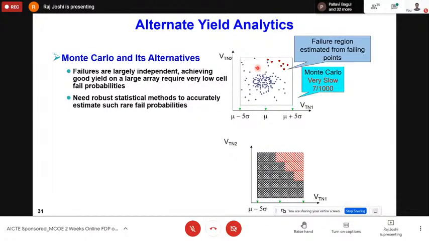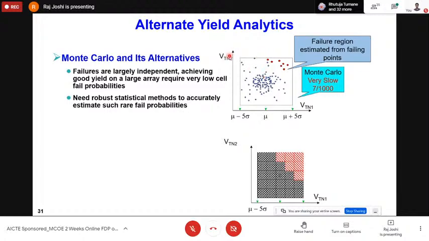So one of the techniques is this predictive analytics technique that we developed. It is very important. It could also be a machine learning technique. And as we all know, the Monte Carlo technique is used very heavily in analyzing the robustness of your design.